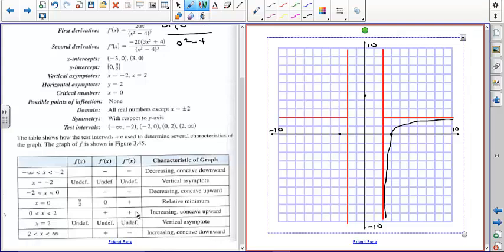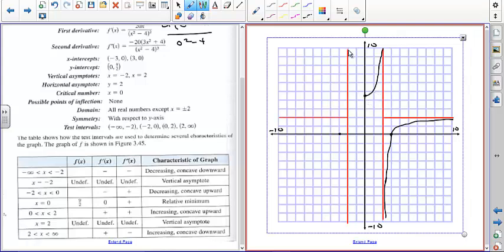Then it says we have an increasing function that's concave upward in the next interval. So to be an increasing function, it has to go like that, and it is concave up, so that agrees. We have our minimum here.